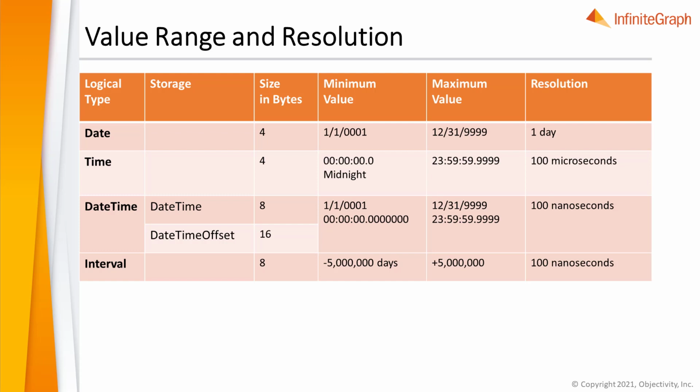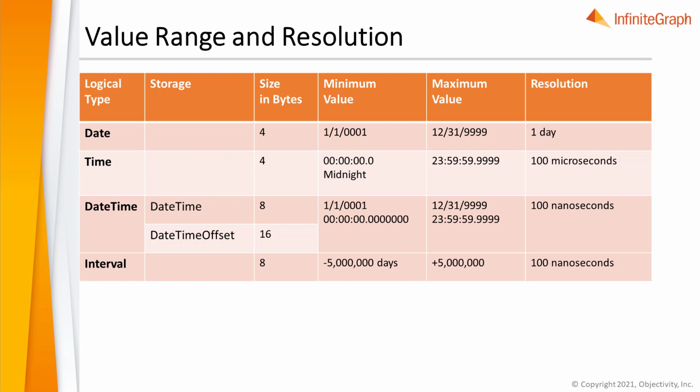Date time values occupy 8 bytes if the storage is set to date time, and 16 bytes if it's a date time offset. The minimum value is January 1st, year 1, midnight, 00:00:00, and the maximum value is 12/31/9999, 23:59:59.9999, and the resolution is 100 nanoseconds.